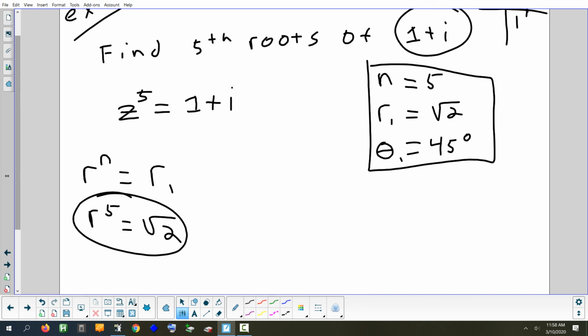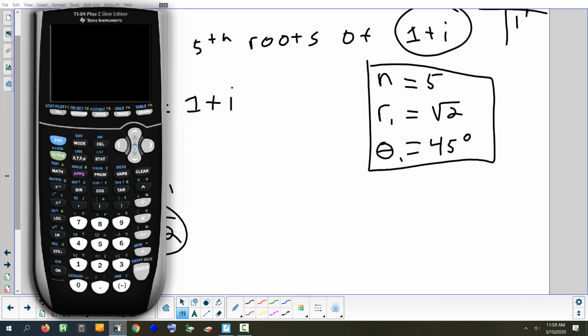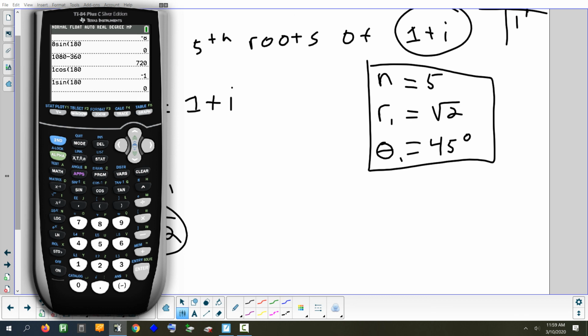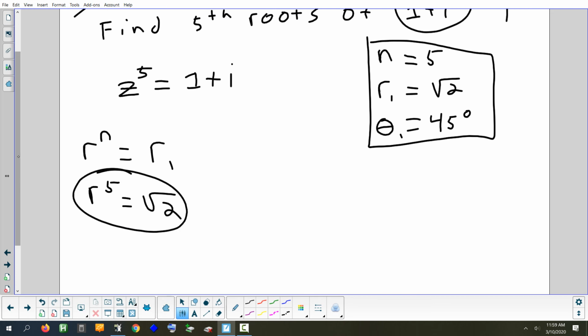We talked about how you undo cubing, cube root, undo squaring, square root. You're going to take a 5th root. If you're not sure how to do that, you press 5, math, option 5. That's how you set it up so your calculator can do the 5th root of whatever you type in. In this case, square root of 2. So you'll get a decimal.